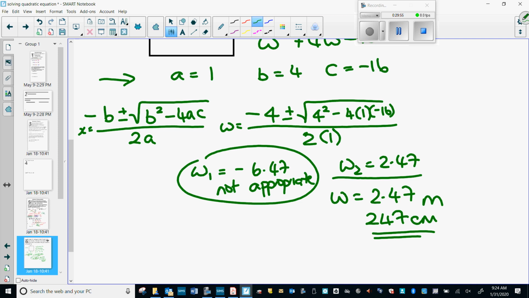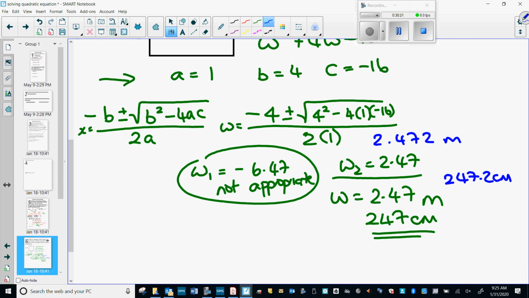What was the next digit after this, Haley? Do you still have it on your calculator? Yeah, it was 2, so 2.472. If you had said it was 2.472 meters, and then you'd said that's 247.2 centimetres, you could have been penalised because you've written 0.2 and they wanted the nearest centimetre.